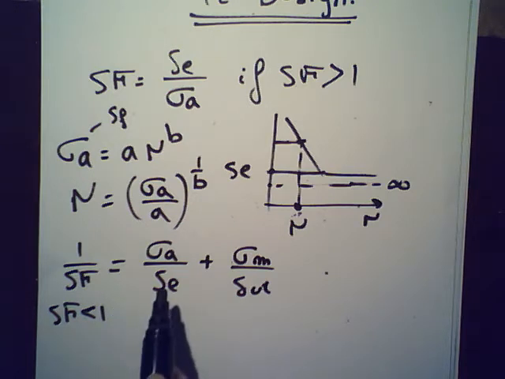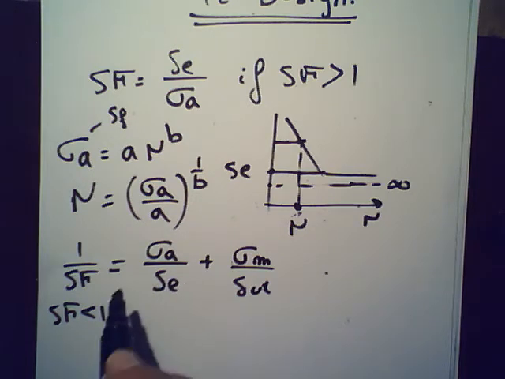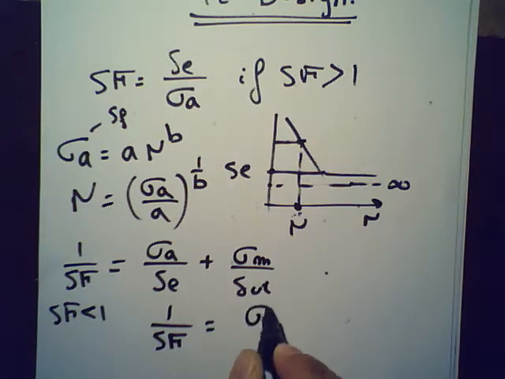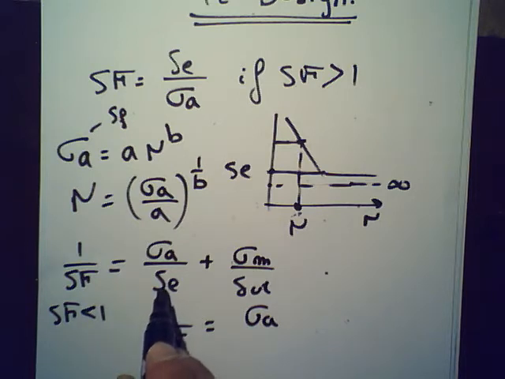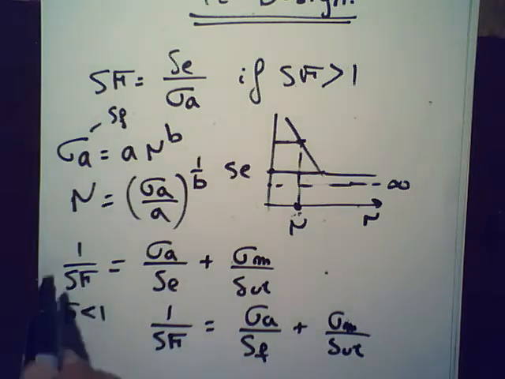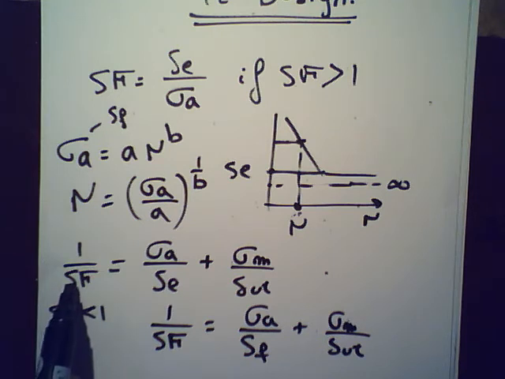In that case we can find the number of cycles. I can keep 1 over SF equal to sigma A over, but instead now I'm going to replace SE with my Sf, plus sigma M over SUT. Remember, in this equation you can solve for the safety factor.